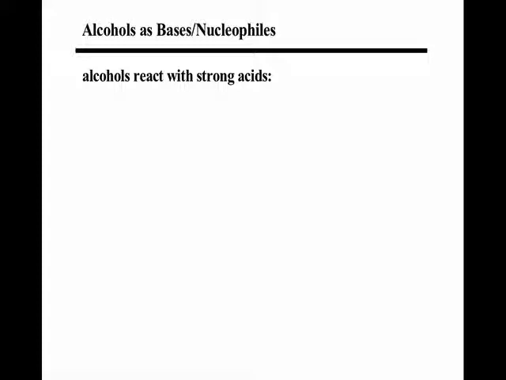And it turns out that alcohols react with strong acids, as you might expect. If you take a strong acid and you place it into water, what happens? It dissociates, right? So if I take HX and I place it into water, I get H3O plus and X minus. So what would you expect if I took a strong acid and I placed it into alcohol?